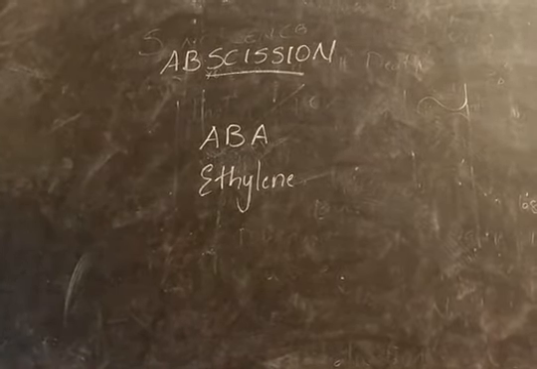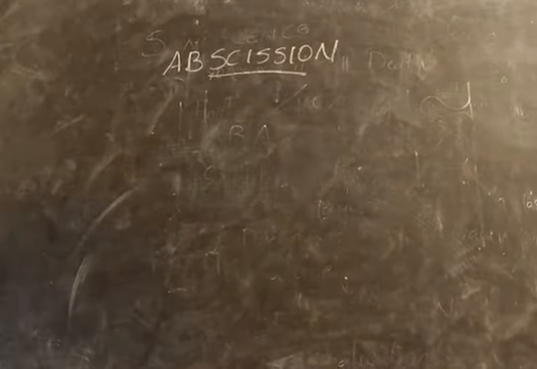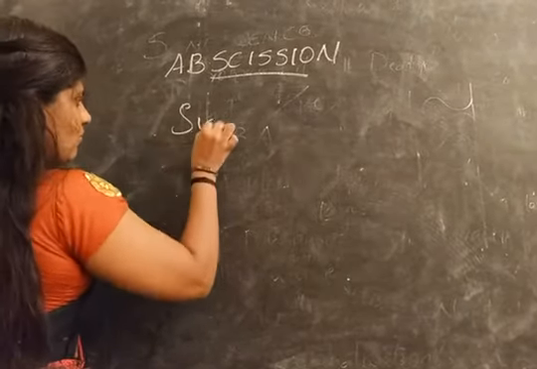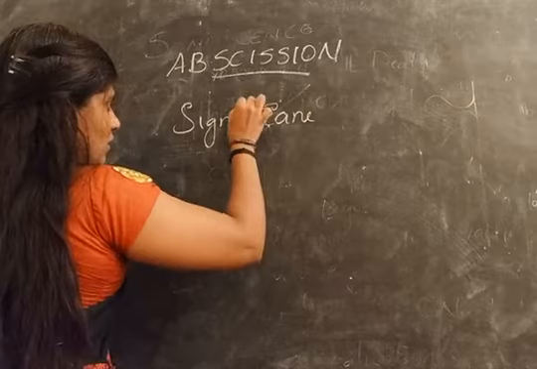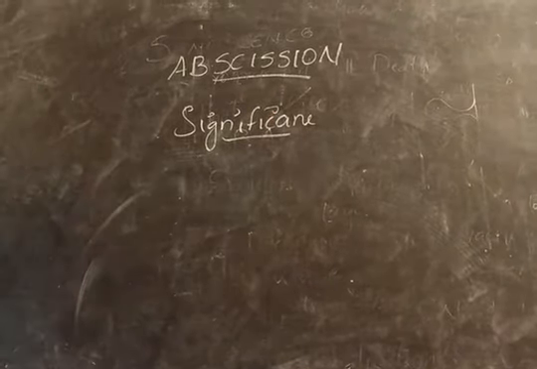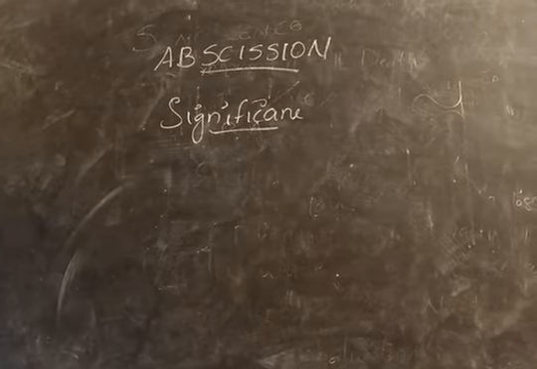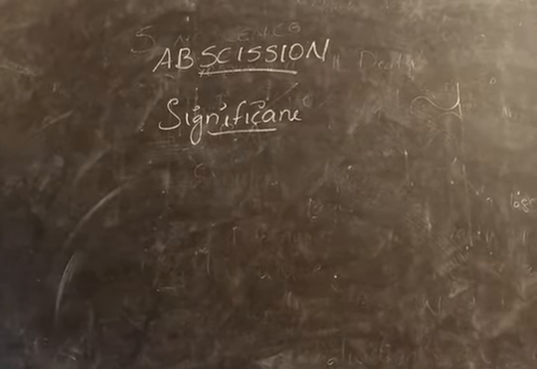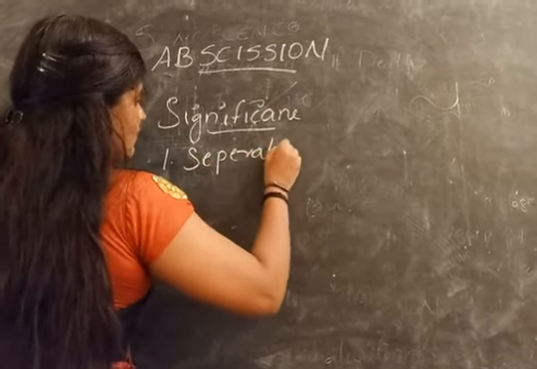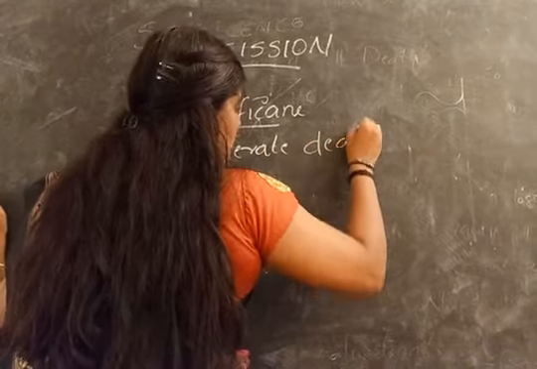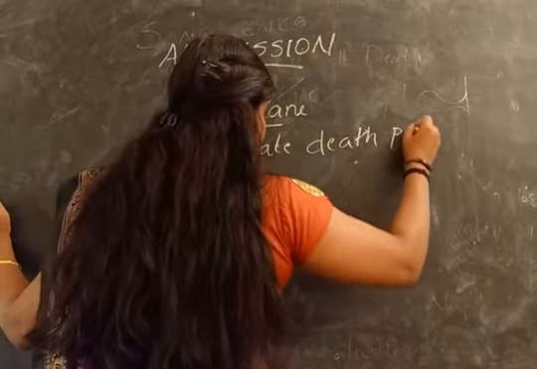Now, looking at the significance of abscission. First, abscission separates dead parts of the plant like old leaves and dry roots from the parent body.